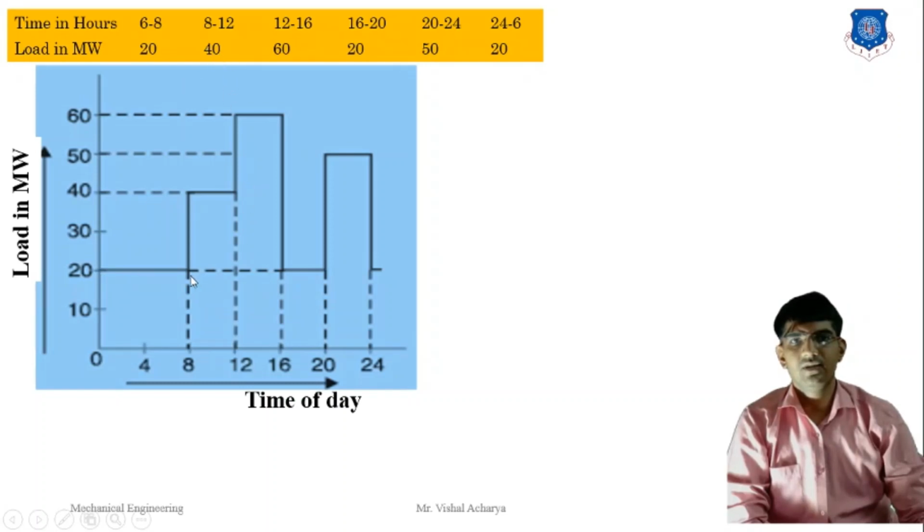From 12 to 16, 60 megawatt is required. From 16 to 20, 20 megawatt is required. From 20 to 24, 50 megawatt is required.